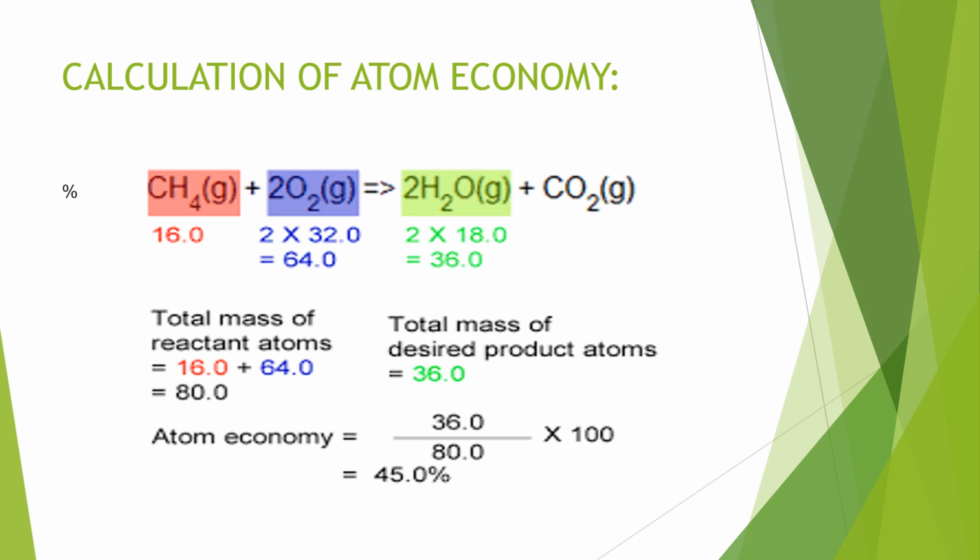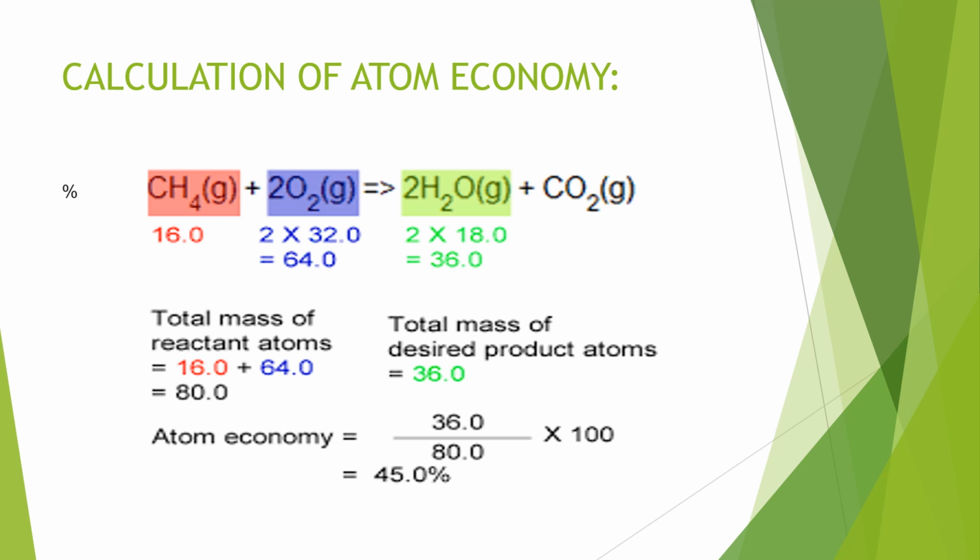CO2 is a gas, so there is no molecular mass needed for it. 2H2O, 2 into 18, 36. Total mass of reactants, we will add: 16 plus 64, and total mass of desired product, which is 36.